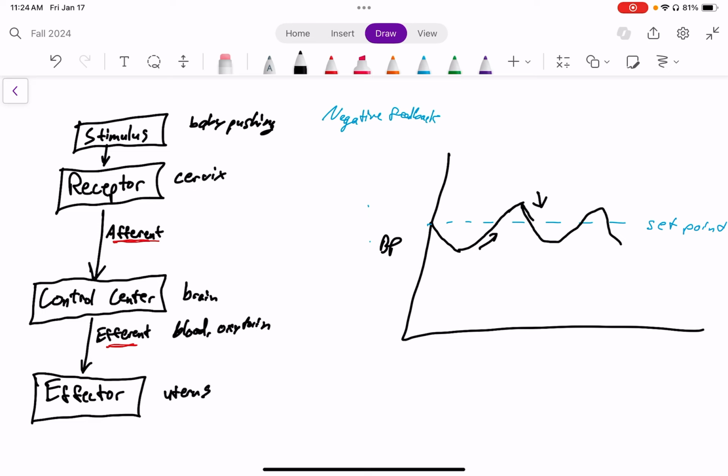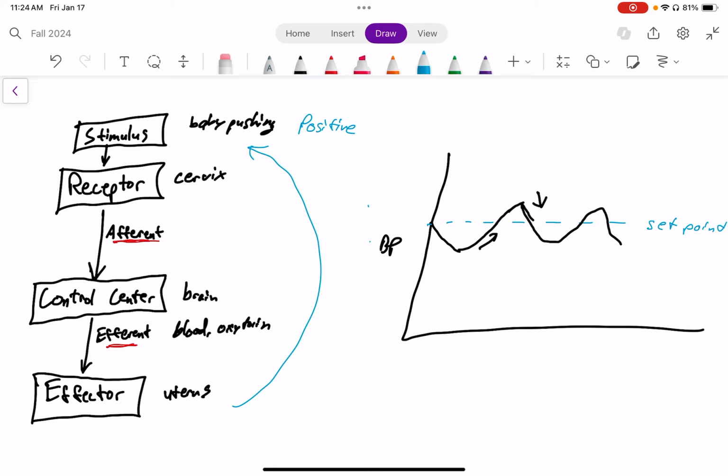Now, this contraction, instead of decreasing the stimulus, actually increases the stimulus, because that forces the baby to push more on the cervix. And that further increases the nerve signals that are sent by the receptor to the control center. The control center sends more nerve signals to the effector.